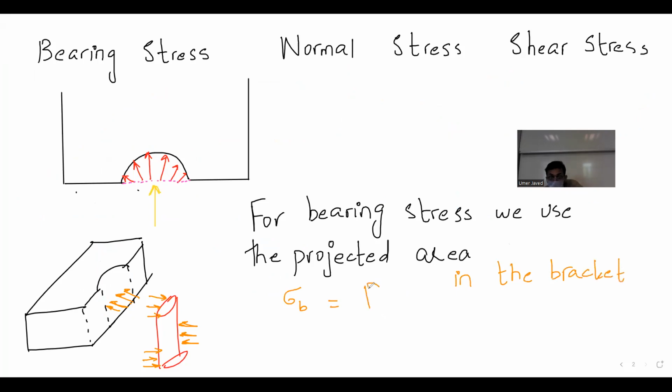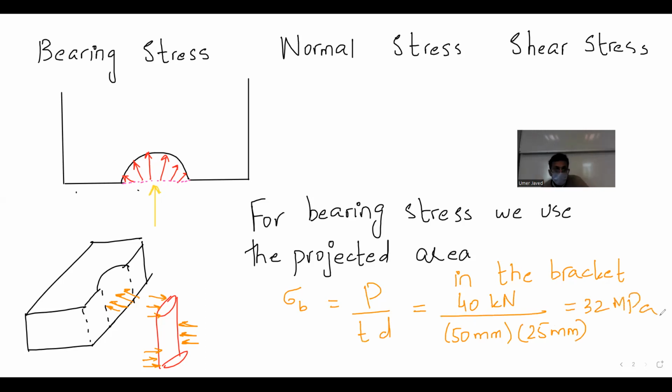It is equal to force divided by t times d, which is 40 kilonewton divided by 50 multiplied by 25 millimeter, which is actually 2 multiplied by 25 multiplied by 25, which is equal to 32 mega. There are two of these brackets.